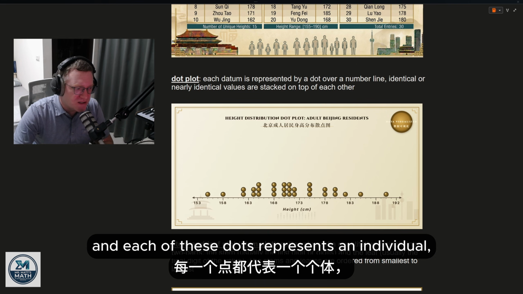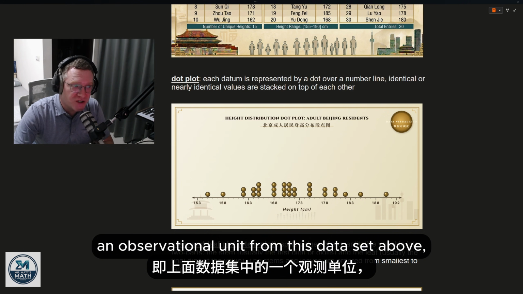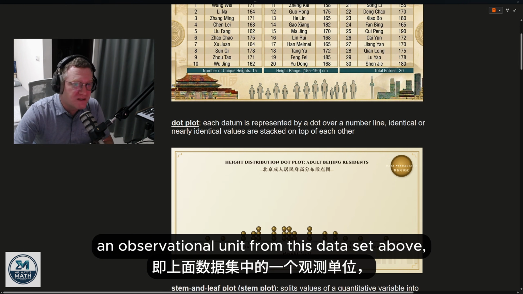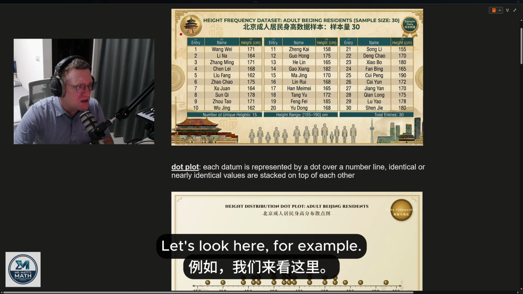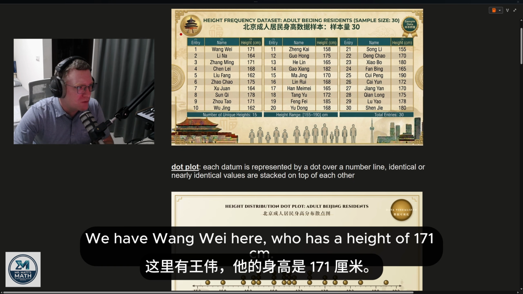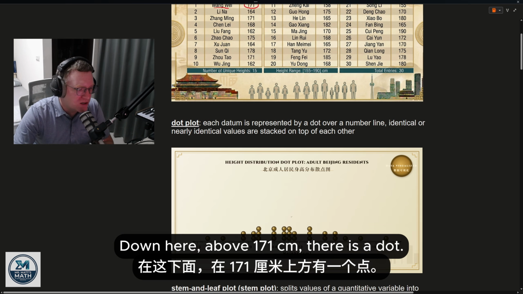Each of these dots represents an individual, an observational unit from the data set above. For example, Wang Wei has a height of 171 centimeters, so above 171 centimeters there is a dot.